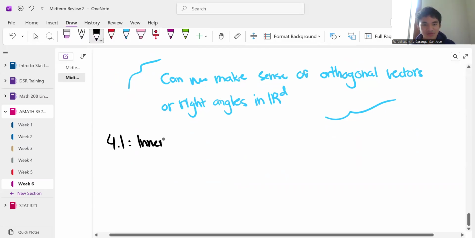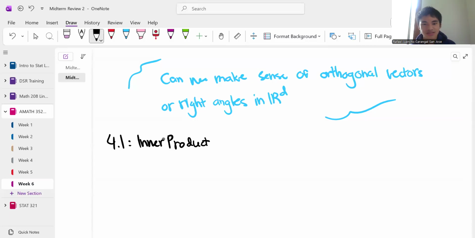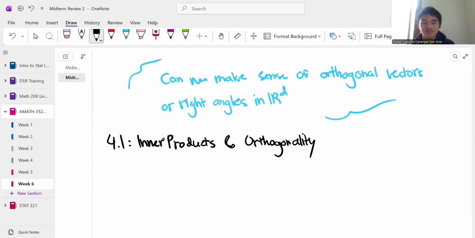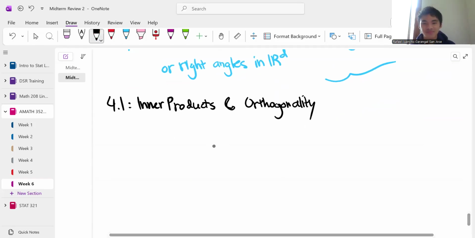And we call it the inner product. We used to call it dot product in the calc series. If you can watch my video, I haven't seen that video in a while. We might talk about this idea again, but in a more abstract way. But let's see what we can do here.